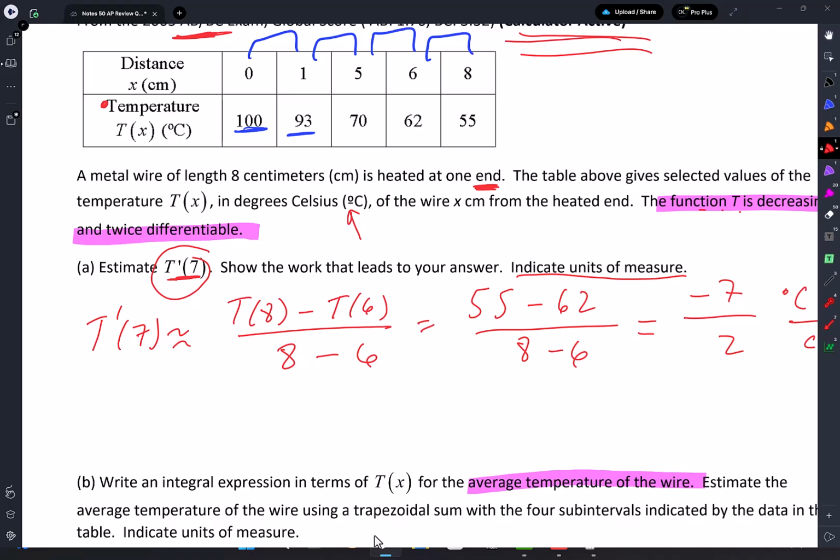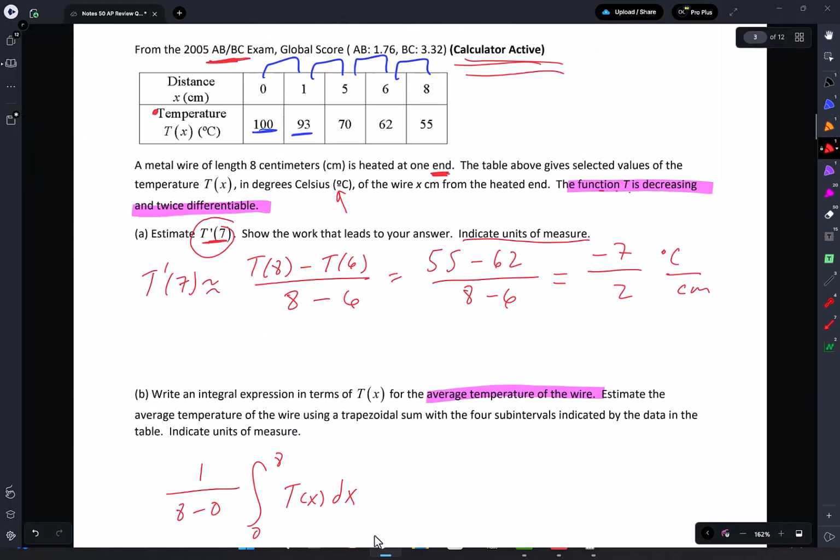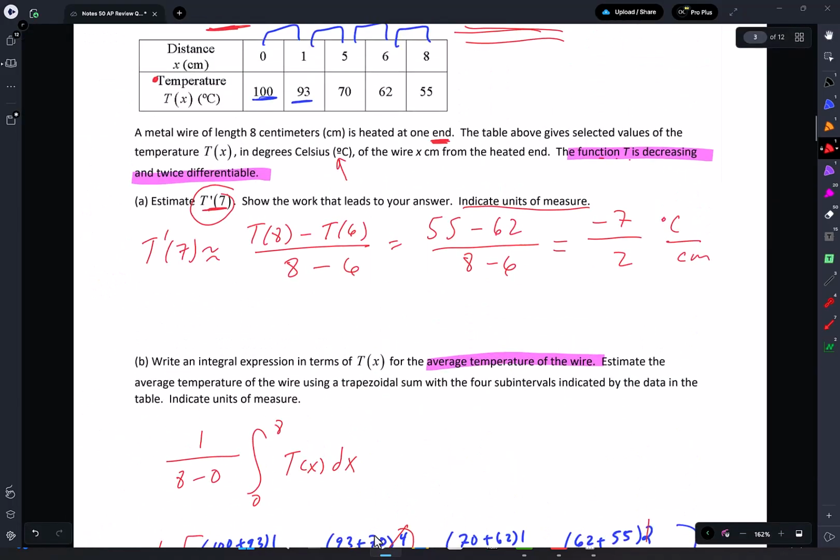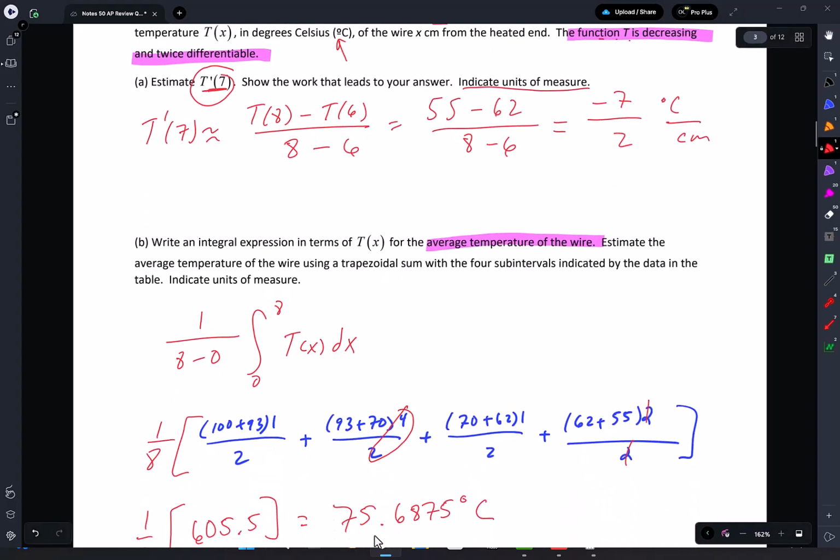The coldest this is 55. There's no way the average temperature is going to be outside of this realm. There's no way it's going to be 50 or 40 or 30. Does that make sense? So make sure that the answers make sense when you're doing this. Cool or not cool? What did I get? 75. Yeah, that 75 looks good to me. Somewhere between there. I like that.